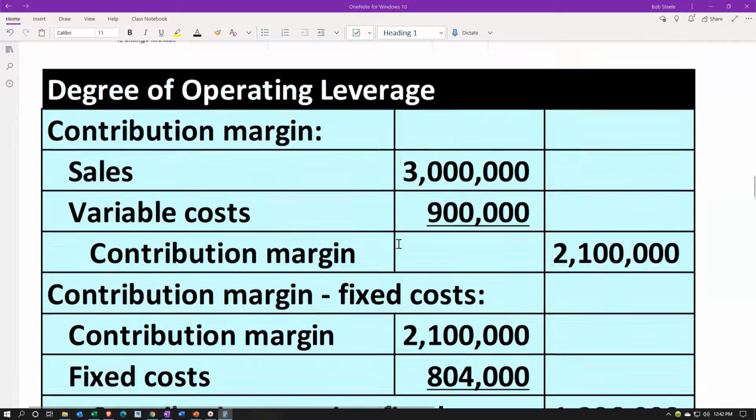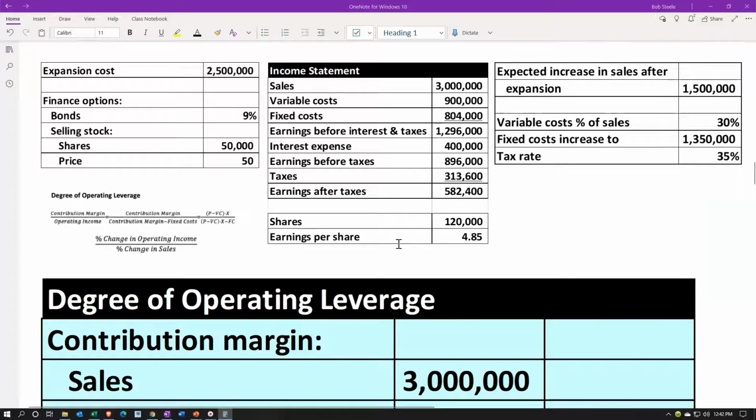It comes with risk. Remember that risk involves the fixed costs. This fixed cost right here is the risk that we're kind of measuring. It often is tied to the capital assets that are purchased, because sometimes it represents our investment in capital assets, a lot of the fixed costs being, or possibly being, related to depreciation.